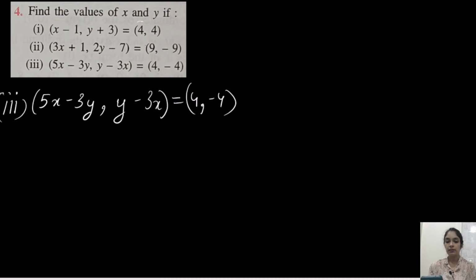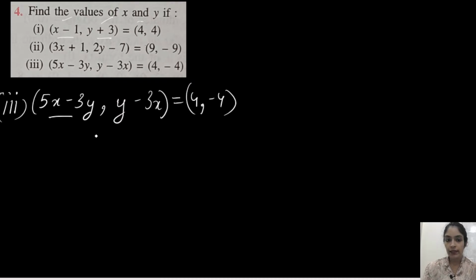Is there any difference? Okay, it's fine. You tell me, is there any difference between this part? Difference is there, but what is that difference? X and Y are there in the previous questions also, but they were separate coordinates. X was in the X coordinate only, Y was in the place of Y. Now here both of them are there.